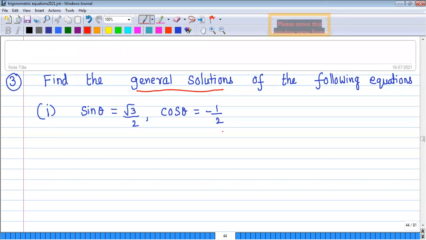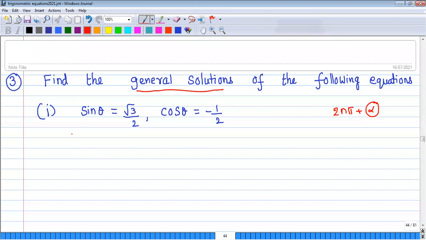So these equations are called simultaneous equations. Simultaneous equations means first of all we need to find out the principal value, that is the common solution for both the given equations. After that, this is also called at most general solution. At most general solution is given by 2n pi plus alpha, where alpha is the common solution of both the equations. That's only you need to do.